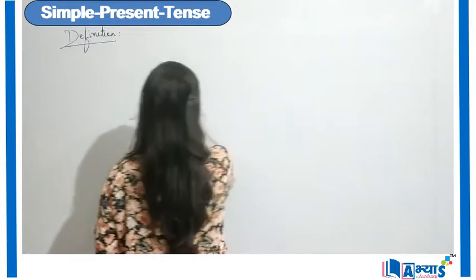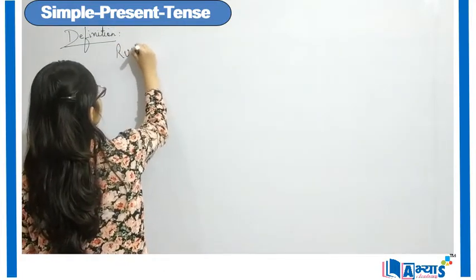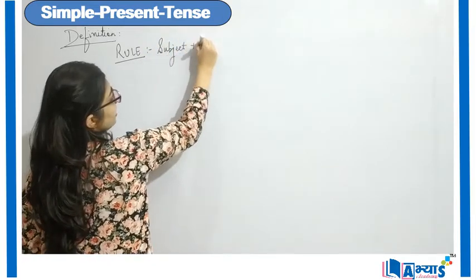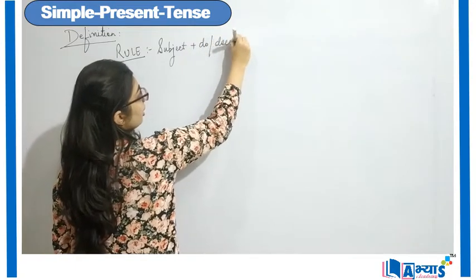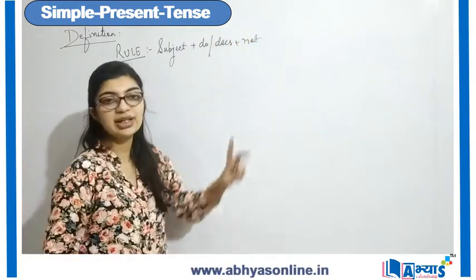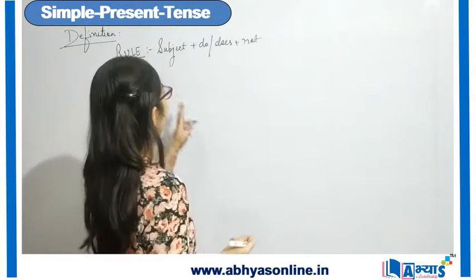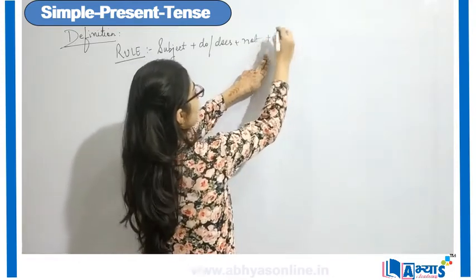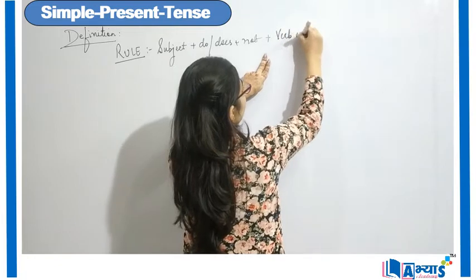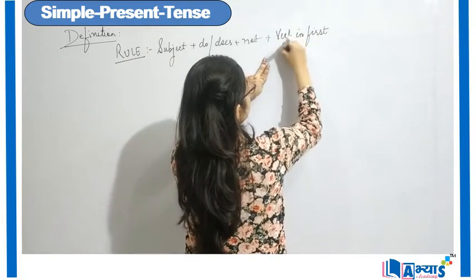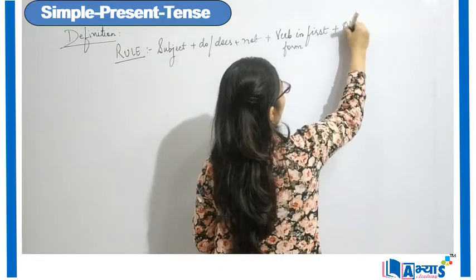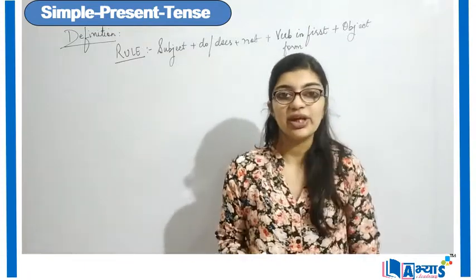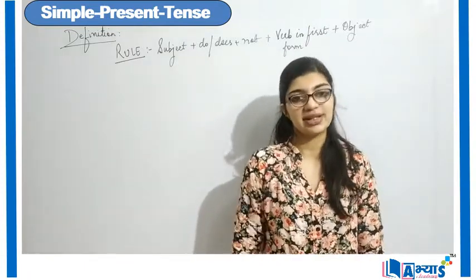That rule includes: subject plus do or does plus not, because not indicates the negative form of something, plus a verb in first form, plus the object. Why are we using the verb in first form? Because we need to make a simple present tense.